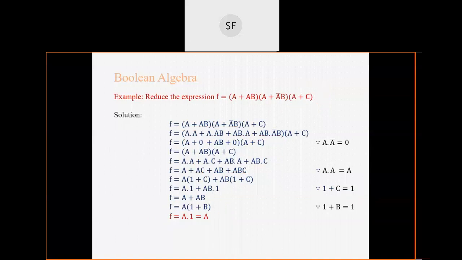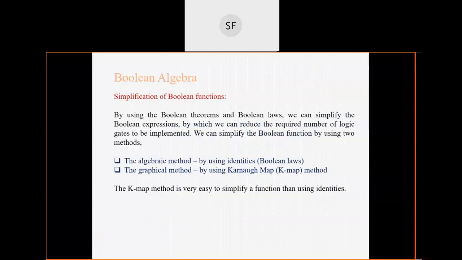So since we have understood that the simplification or minimization process is very important, the simplification of Boolean functions can be done in two ways. There are many methods actually, but these two methods are very important. First one is simplification or minimization of the Boolean expression by using the algebraic method. Just now we have done that.